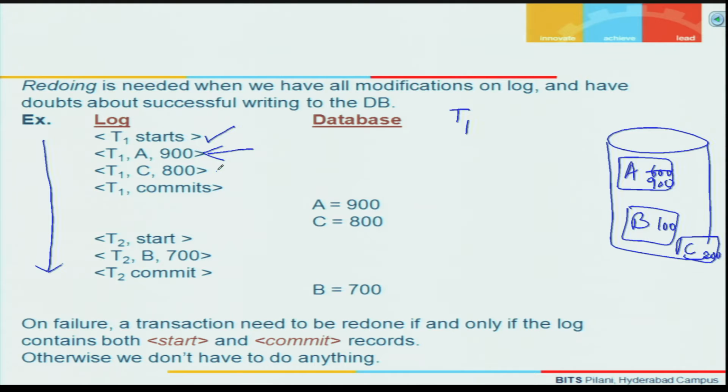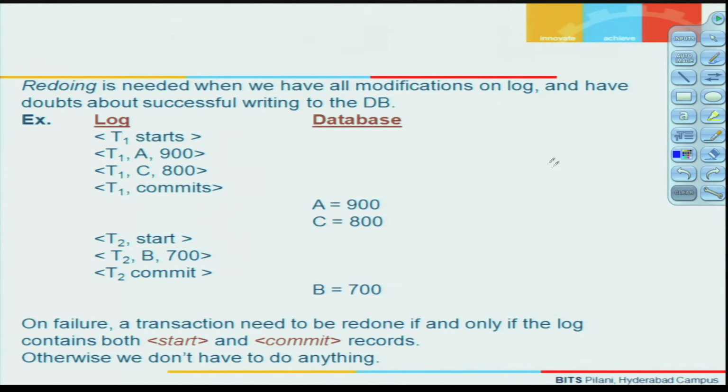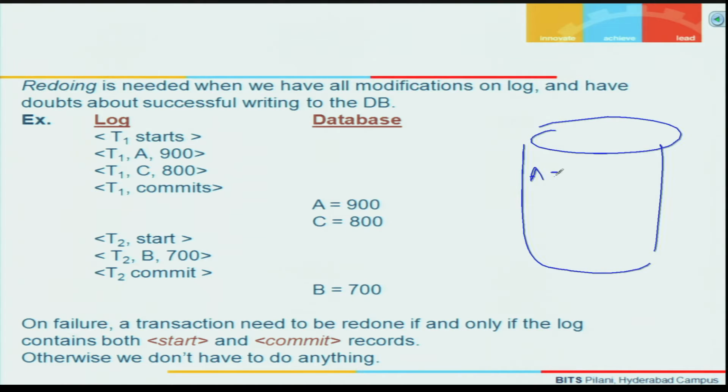One important thing to be noted is, if this is the database and this is data item A, originally 600, data item B, let us assume it is 700, and C is 200. When the transaction T1 modifies the data item A, the old value is 600 and the new value is 900, immediately there will be a log entry.